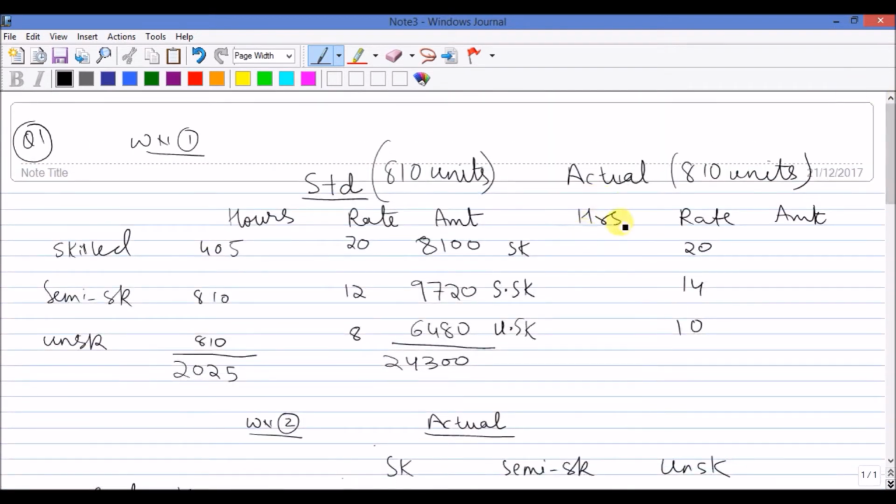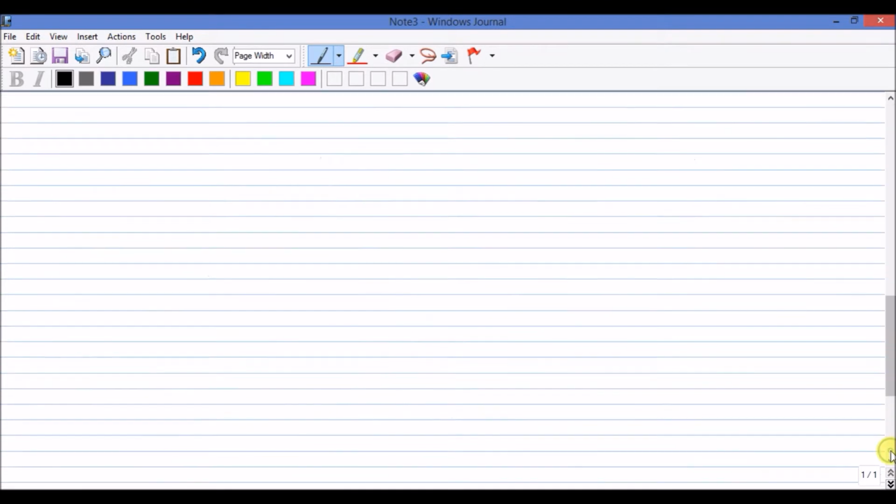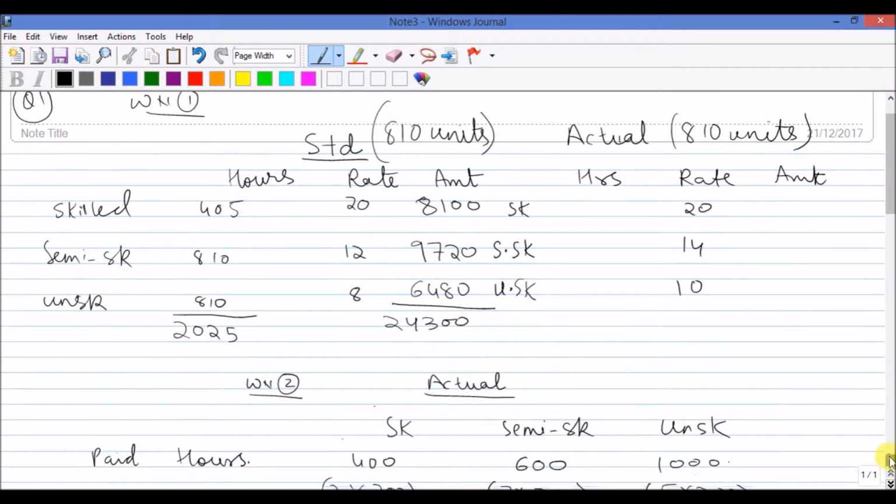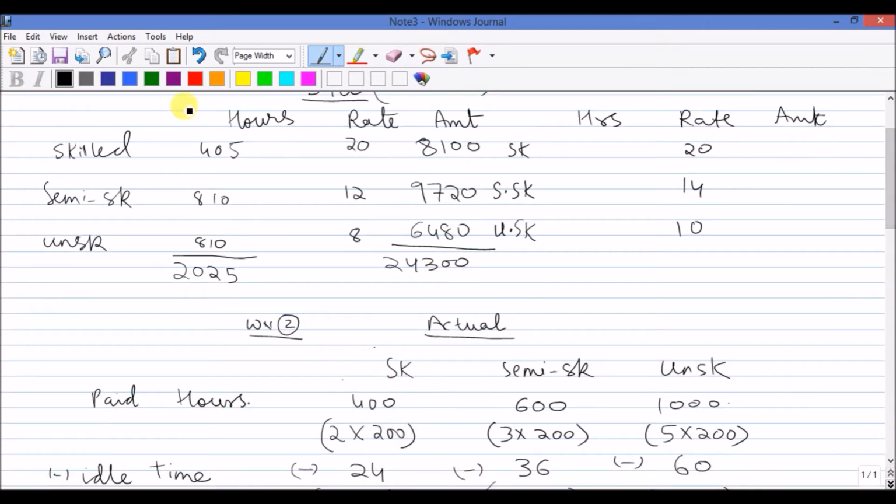Here you have to keep in mind that you have to take the paid hours, because cost variance is what you pay. So paid hours are 400, 600 and 1000, which gives me 2000.